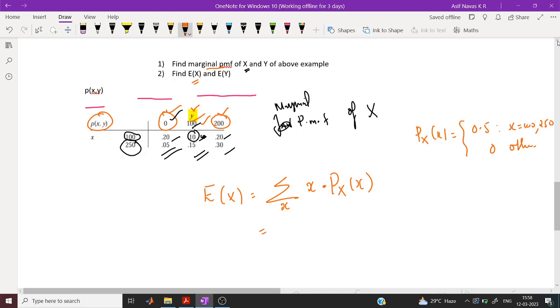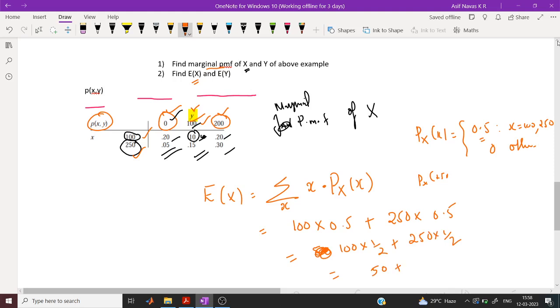That equals 100 times 0.5 plus 250 times 0.5, that is 100 into 1 by 2 plus 250 into 1 by 2, which is 50 plus 125, equal to 175. So this is the expectation of x.